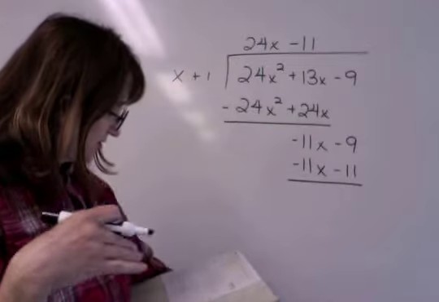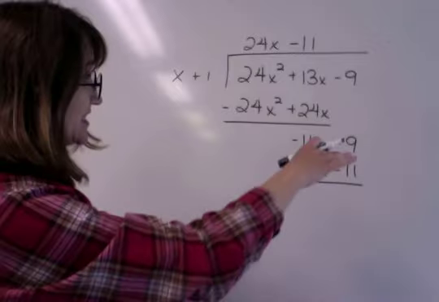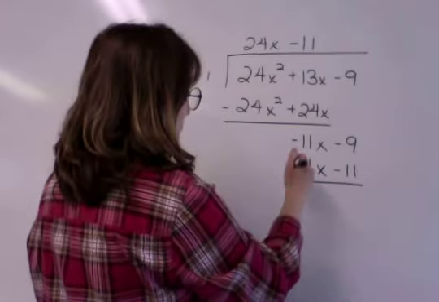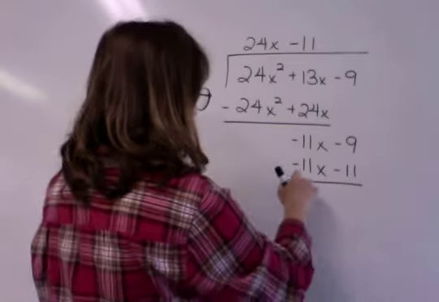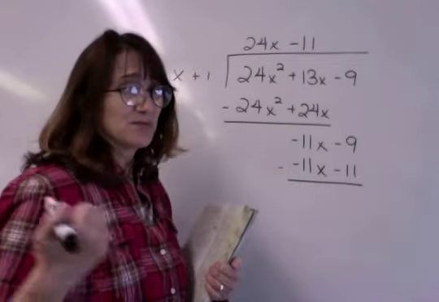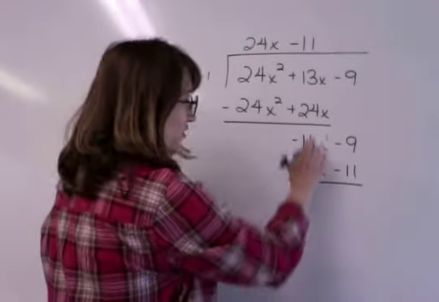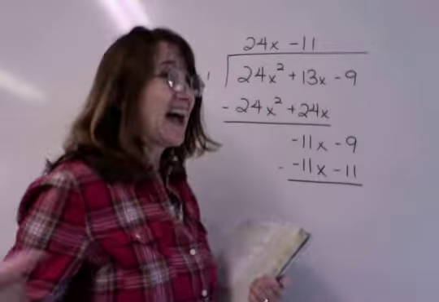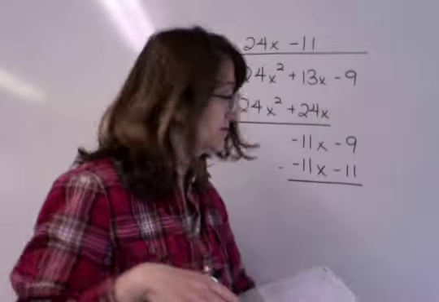So now let's look at what we're doing in that little section. These two, I've got a negative 11x and I'm subtracting a negative 11x, which is me adding the opposite. These two are gone.